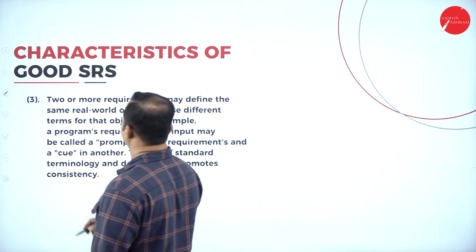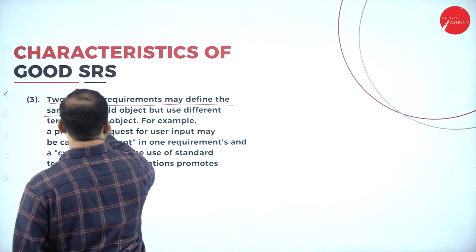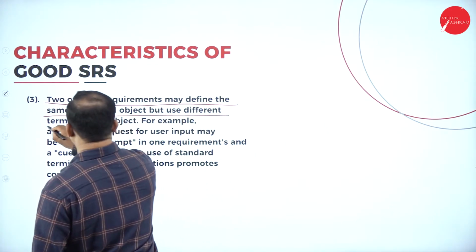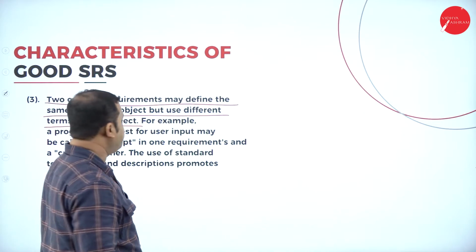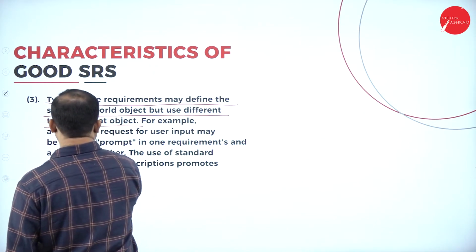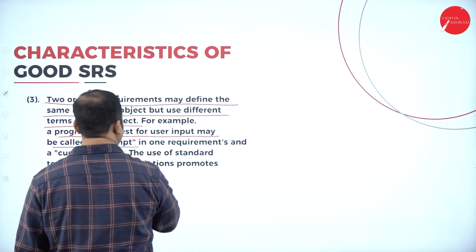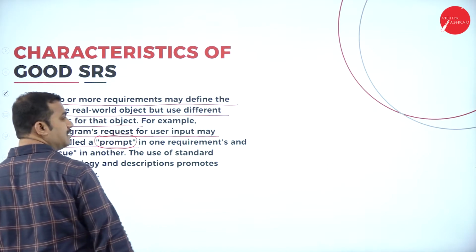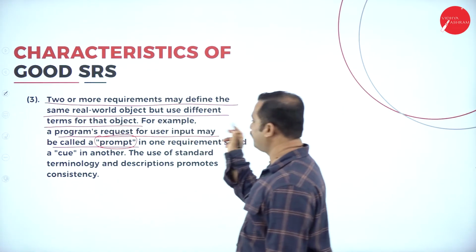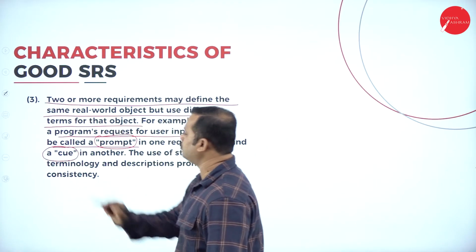The third scenario is one in which two or more requirements may define the same real-world object but use different terms for that object. For example, a program's request for user input may be called a prompt. I am using the word prompt here to indicate the user's request in one of the requirements. In another requirement, they will call it a queue.